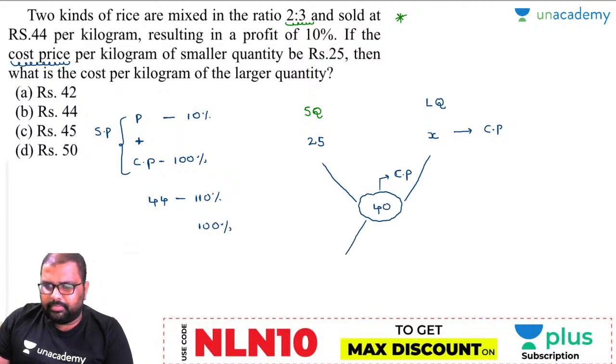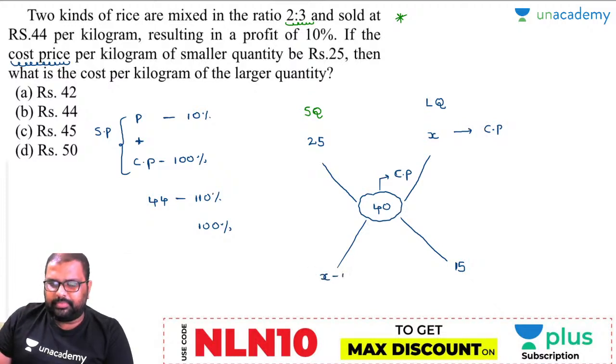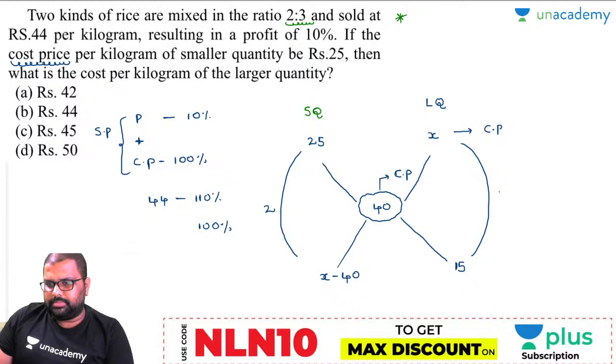That's an easy one. Now see here, by the alligation rule, 40 minus 25 is 15. Automatically the x value must be higher, so x minus 40. Everybody knows the smaller quantity is mixed in two parts and the larger quantity in three parts.